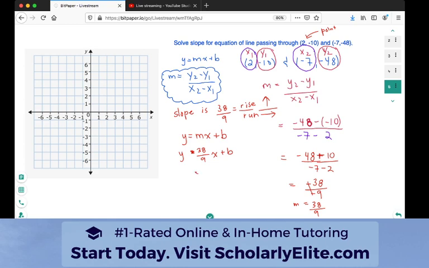Remember, 2 is our x and negative 10 is our y, okay? So we want to plug those in. Negative 10 goes in the spot where y was, and 38 over 9 stays because that's a term that we know. We're going to plug in the number 2 here, and we still don't know what b is, but that's okay. We're going to solve for b algebraically.